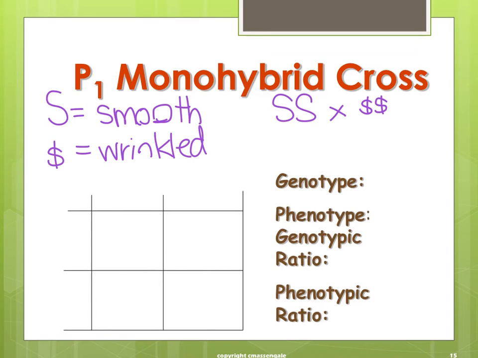Now your next step is to go ahead and fill the alleles around the outside. Remember, this is your diploid number up there, the capital S, capital S. We need to do gamete formation and turn it into the haploid. So we're going to have big S here and a big S here, and then little s and little s. The next step is just to fill it in.